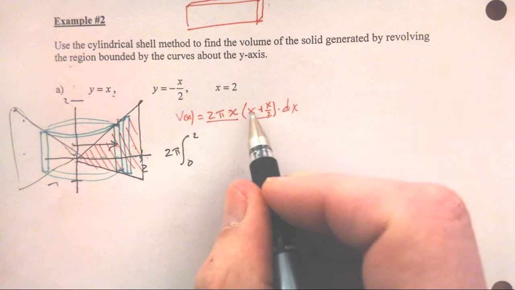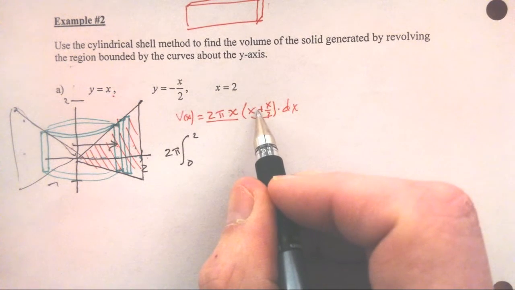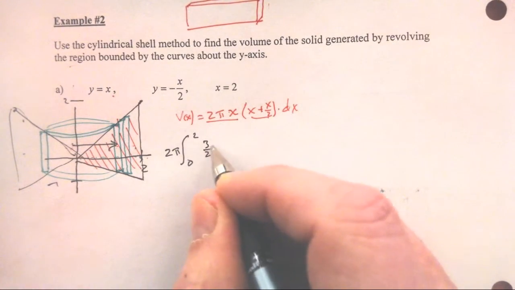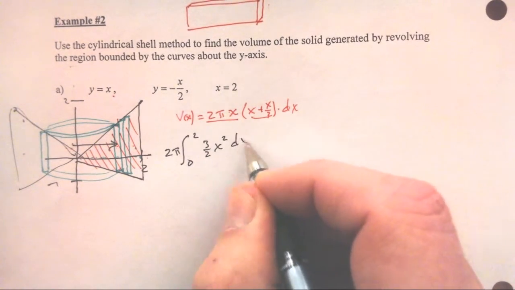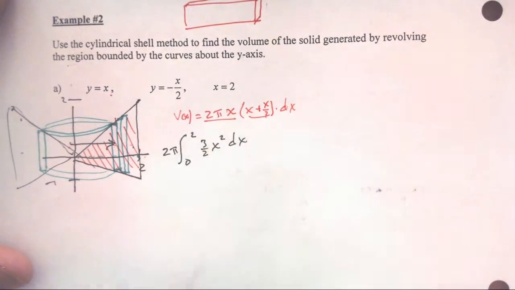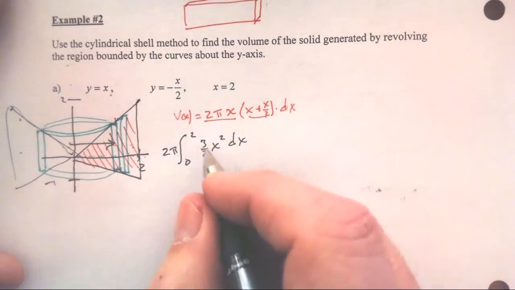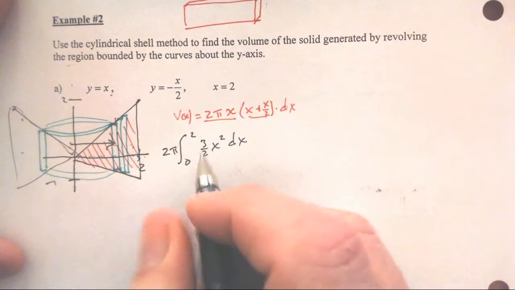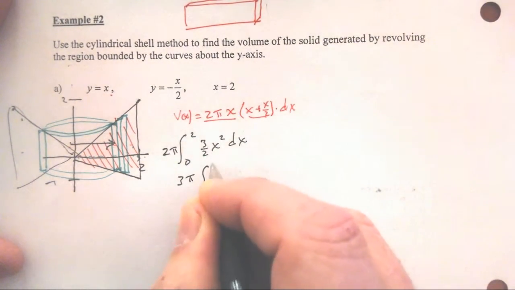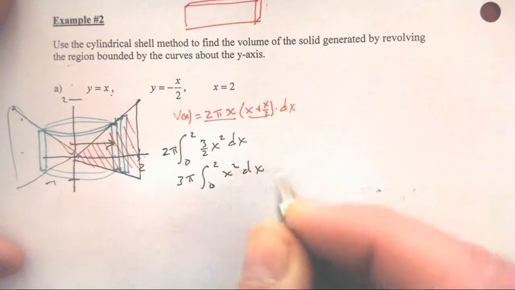Let's see, I've got an x times 3 halves x's, so I get 3 halves x squared dx. 1.5 x times another x, 1.5 x squared. You could pull this out and make this, let's see, 2 cancels. I get 3 pi times integral 0 to 2 of x squared dx.